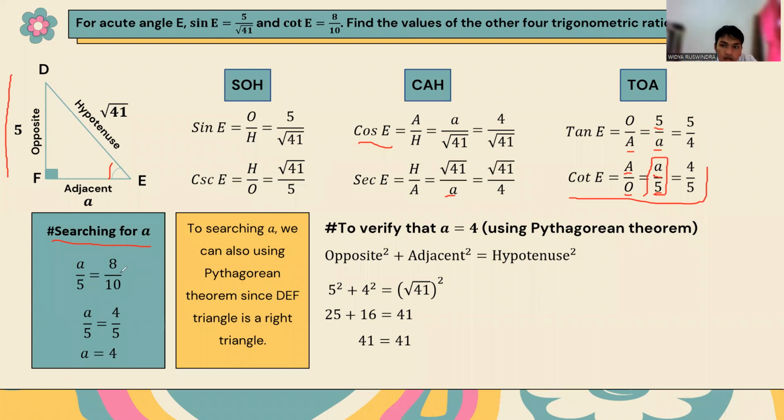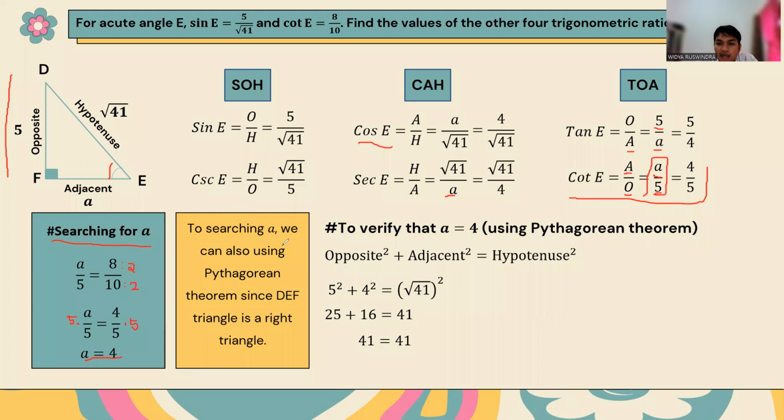We divide 8 by 2 and 10 by 2, and we get A over 5 is equal to 4 over 5. We multiply both sides by 5 and we get the A value is 4.